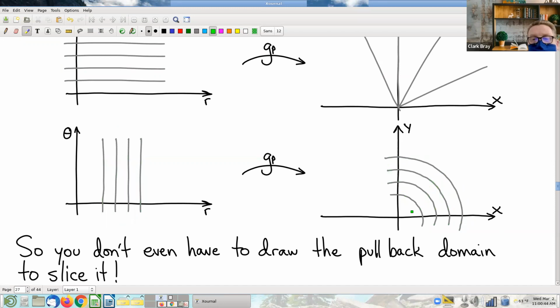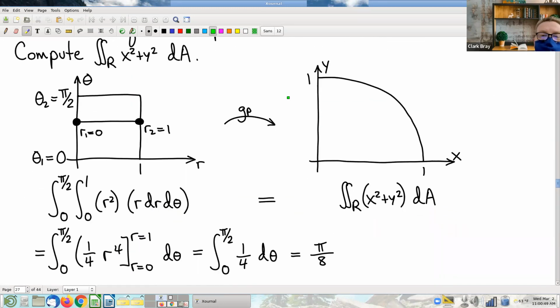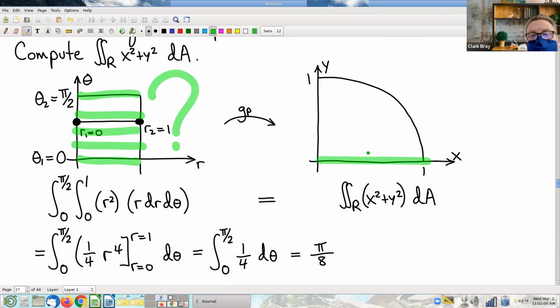So as you're doing what we did up here, right? When we had our pullback domain here, and we pulled back, and then I was looking at theta slices of my pullback domain. I don't really have to think of, or I certainly don't have to draw, those slices over here. I can think of them over here.